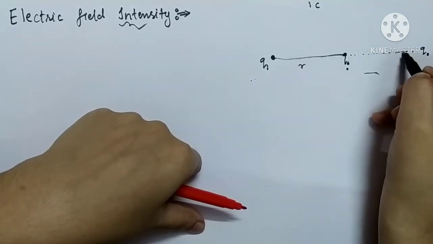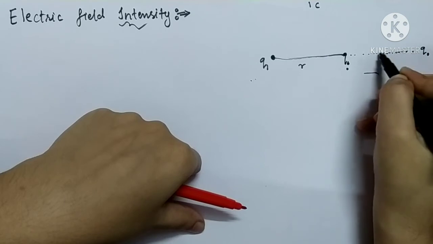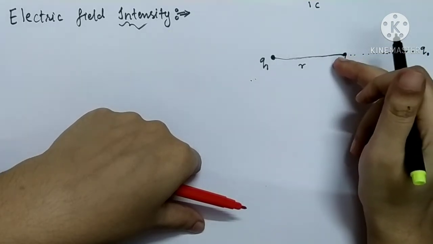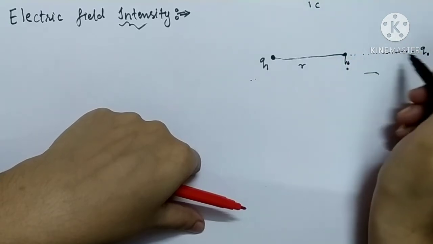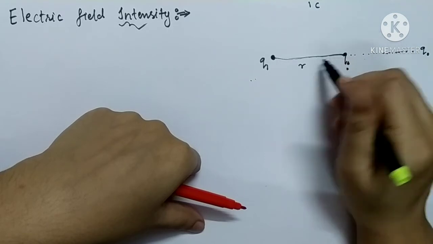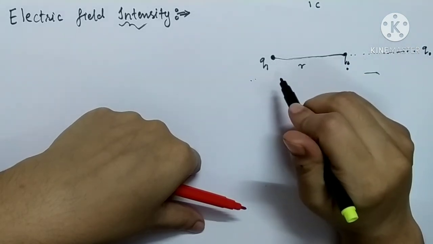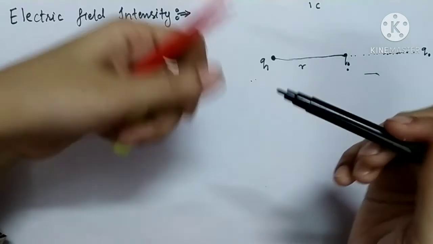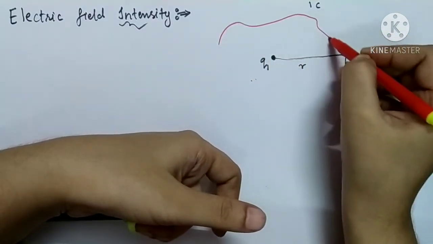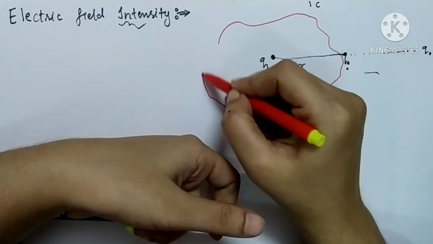When you go on moving this charge from the infinite distance, you will find that this charge is going to experience a force when it comes near the charge Q1. It means each and every charge is creating an electric field in its surrounding region.